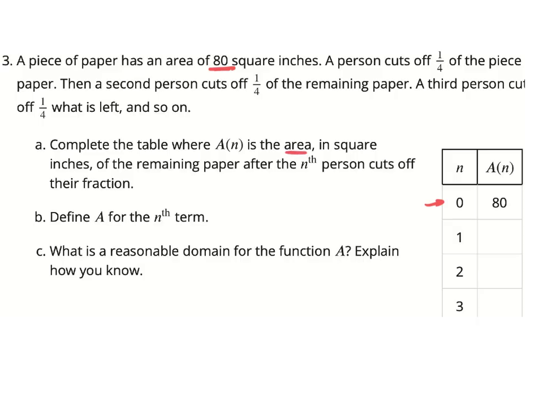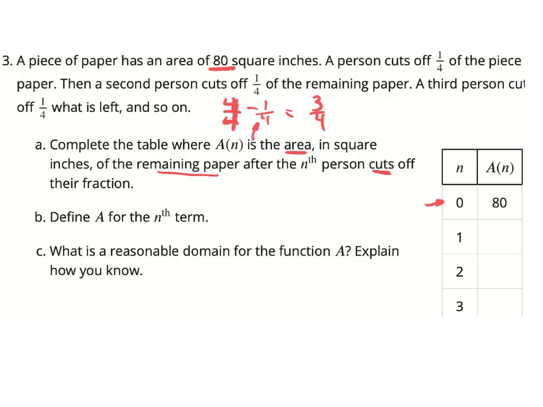After the person cuts off, not what is cut off, but what is the remaining paper? What's left? Not what's cut, what's left. So if you have one whole piece of paper and you take off 1/4, then 3/4 is left. Because 1 equals 4/4, and 4/4 minus 1/4 is 3/4.